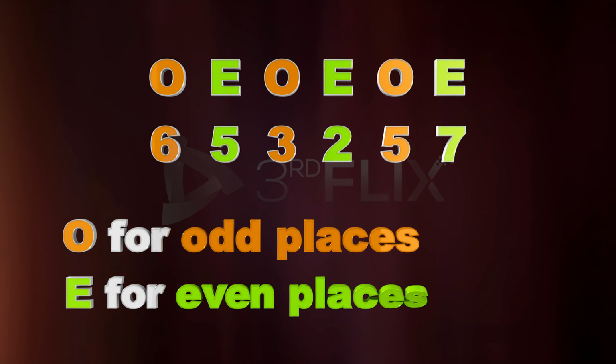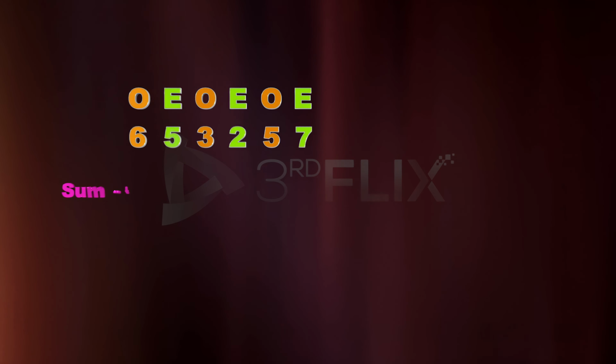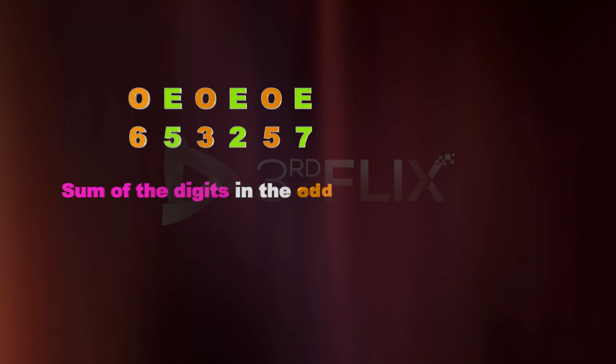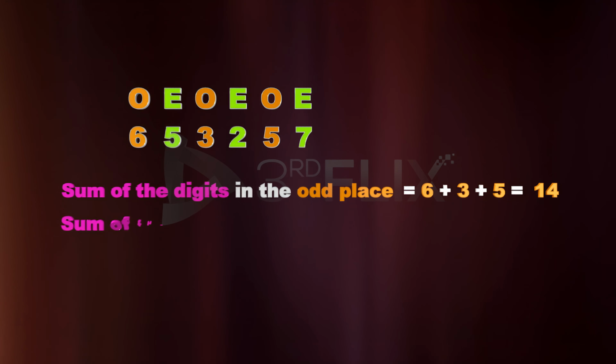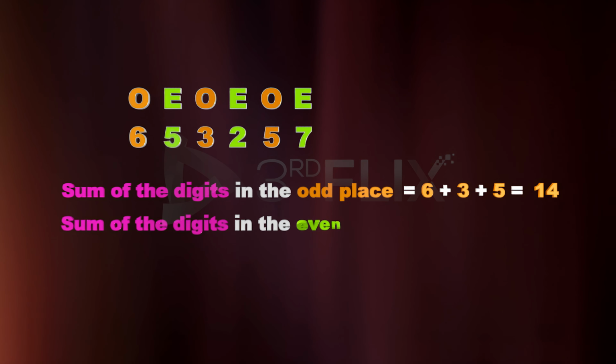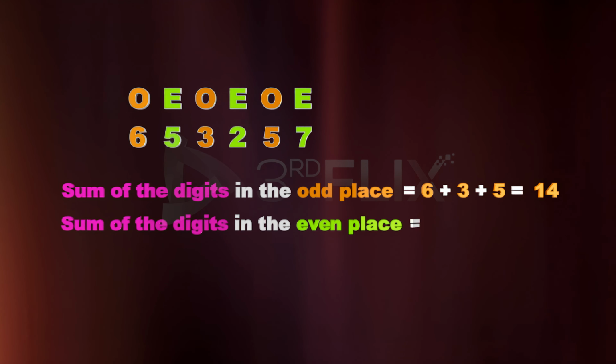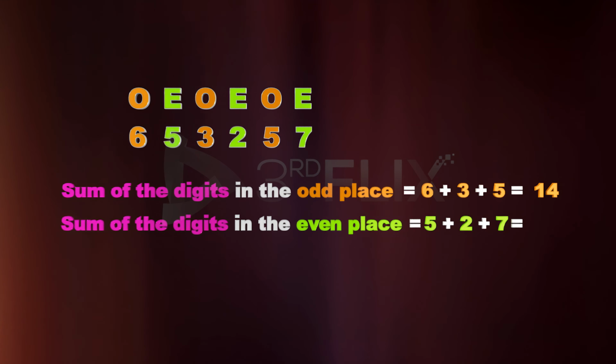Sum of the digits in the odd places is equal to 6 plus 3 plus 5, which is equal to 14. Sum of the digits in the even places is equal to 5 plus 2 plus 7, which is equal to 14.